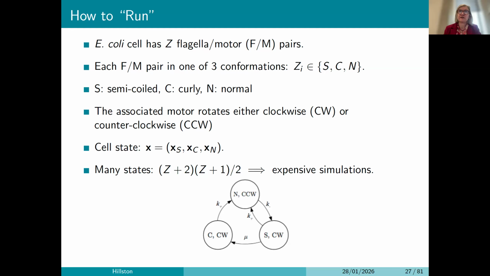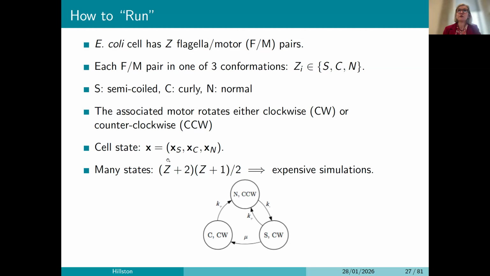And the flagella motor pair is in one of three conformations, and these are called semi-coiled, curly, and normal. That's just the way the biologists have named them. And the motor rotates either clockwise or counterclockwise. So that protein that's holding onto the hair may create a rotation in one of these directions.